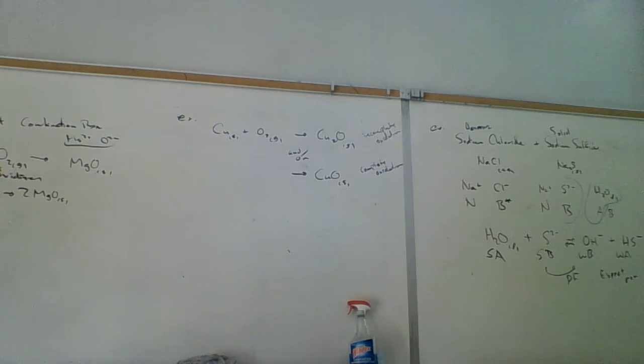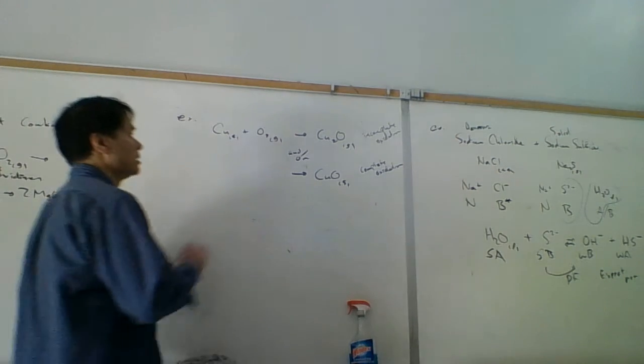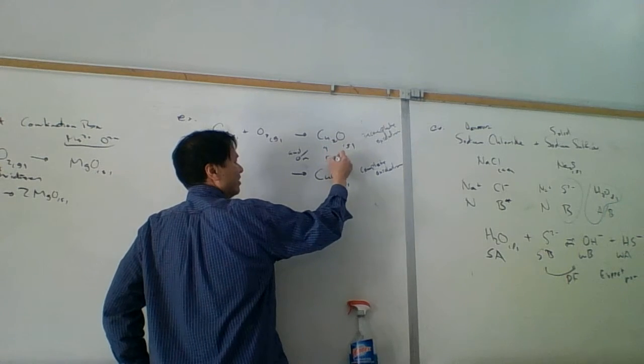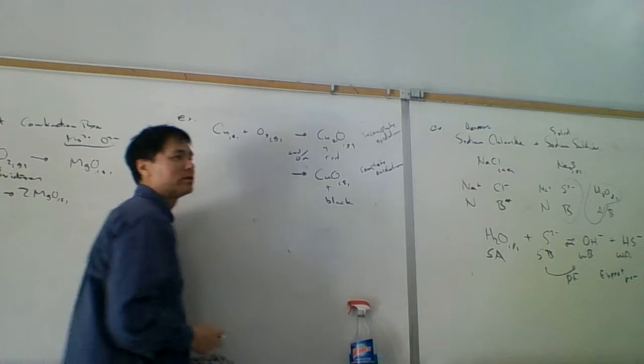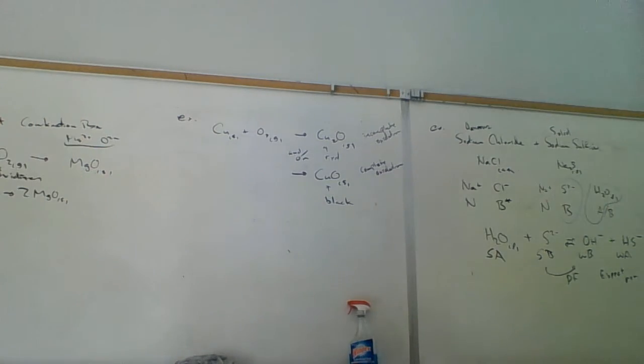You know what this is? This is copper 2 oxide. So copper 1 oxide is red in color. Copper 2 oxide is black in color. Both of these are solid. And so what happens is this, with the penny, at least.